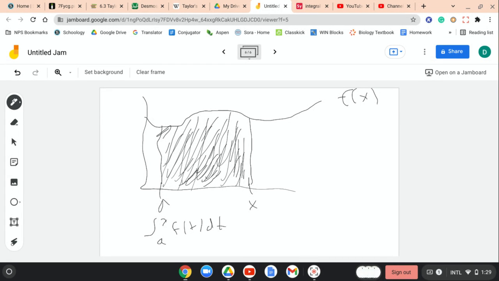The first question that you might ask is, can we find the derivative of this function? And to do that, we'll ask, what happens if we nudge our input by some tiny value dx? What is the corresponding change in area, which we'll call dA?